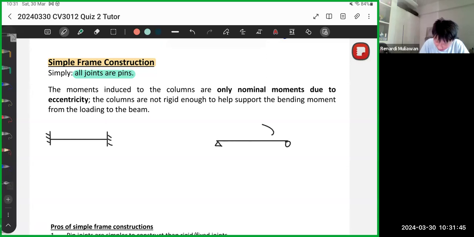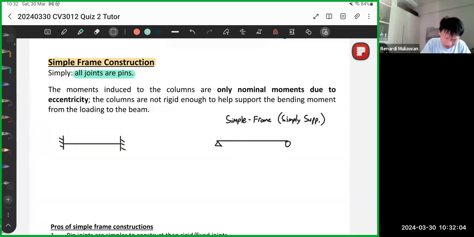Simply supported is under the simple frame construction because all the joints are pins. So this one is simple frame or simply supported. The other one is a fixed one. We usually call it a continuous one, or rigid frame, or continuous construction.